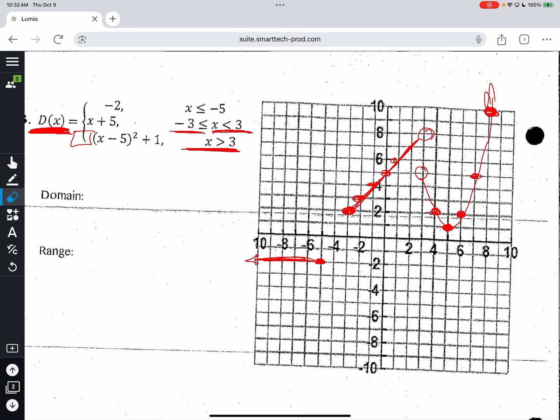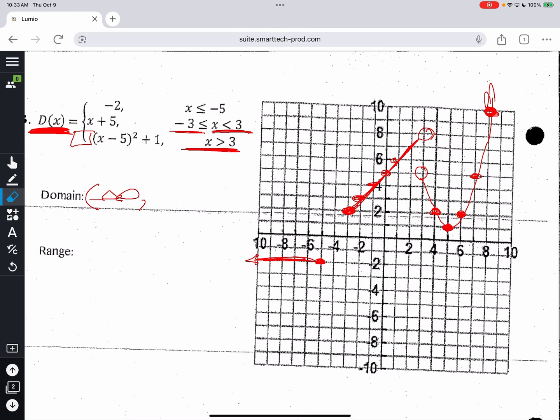You would get there. All right, domain's a little different on this one. We do have 2 arrows, one going that way and one going up. But we have breaks. So our domain is going to be choppy. Where does domain start? Negative infinity. When does it stop?